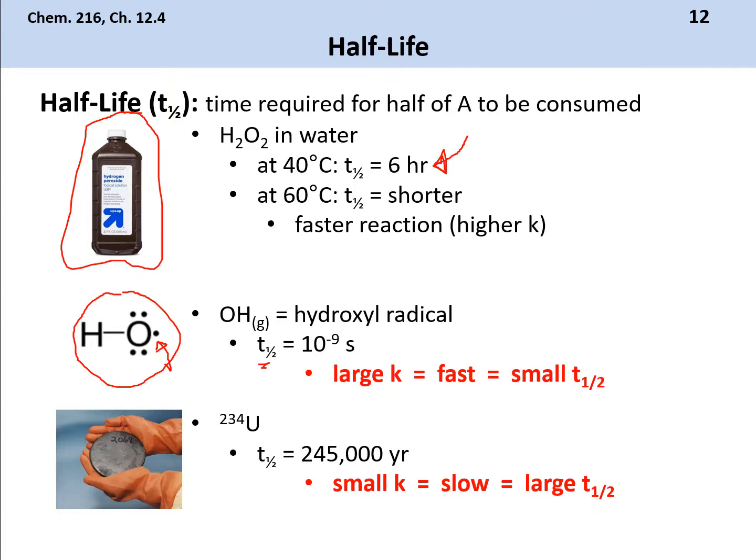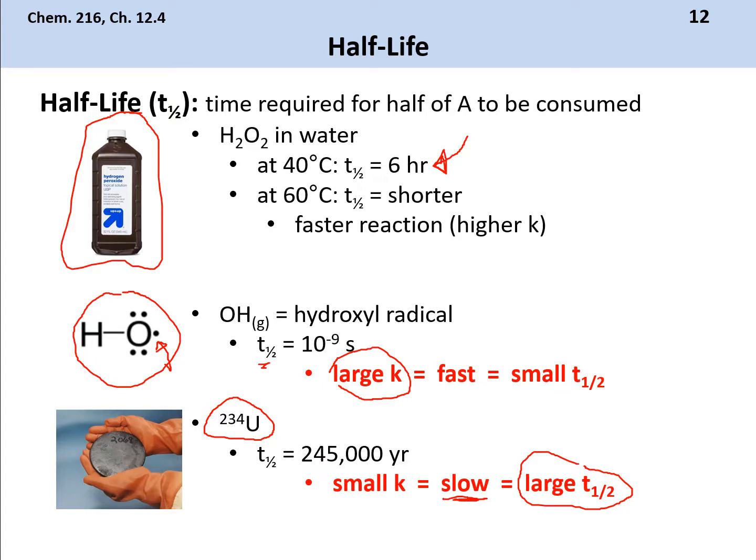And on the other side, uranium-234, one of the things we use in nuclear energy, has a half-life of 245,000 years. That's because this is a slow reaction. So a small k means a slow reaction, which means a large half-life. A large k means it's fast, and that means a very small half-life.